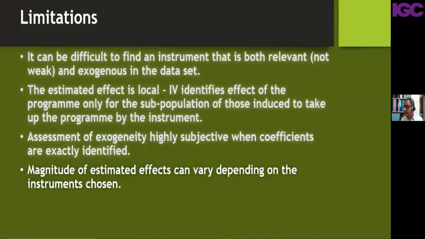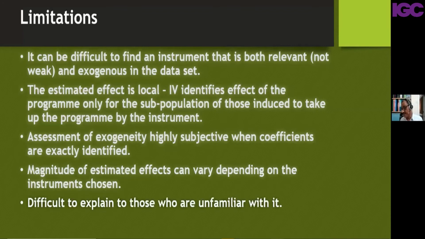Now, depending on the choice of your instrument, the magnitude of the estimated effects can vary. So if you choose a different instrument, you may get a different estimated effect.